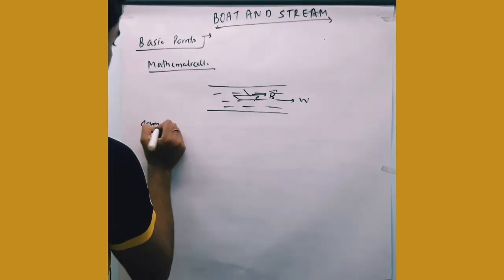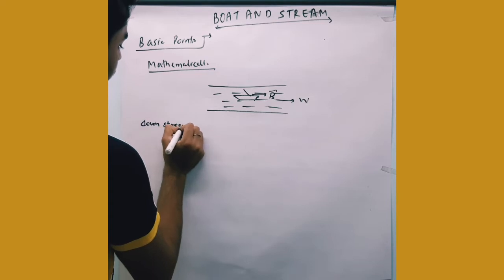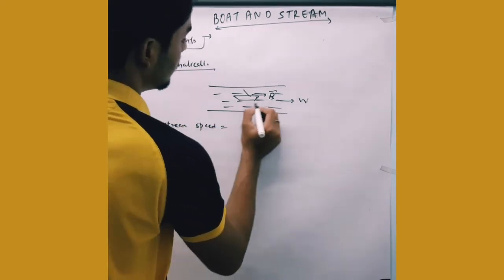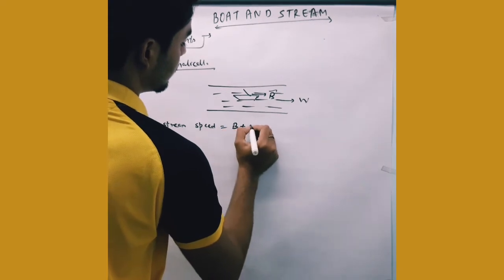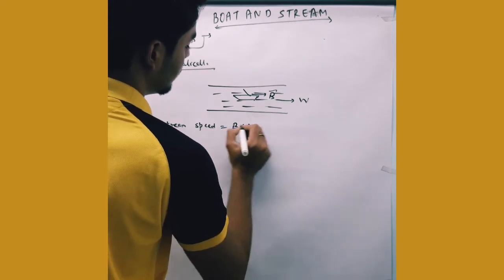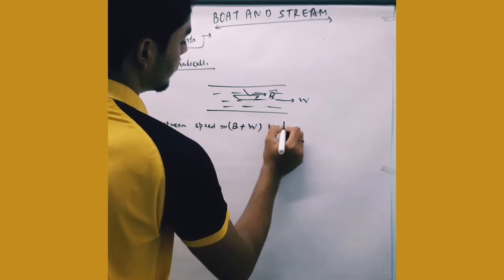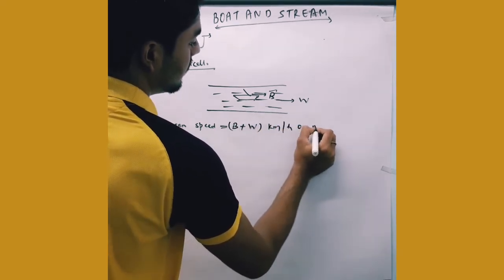So we define the downstream speed as boat speed plus water flowing speed, that is B plus W, kilometer per hour or meter per second.